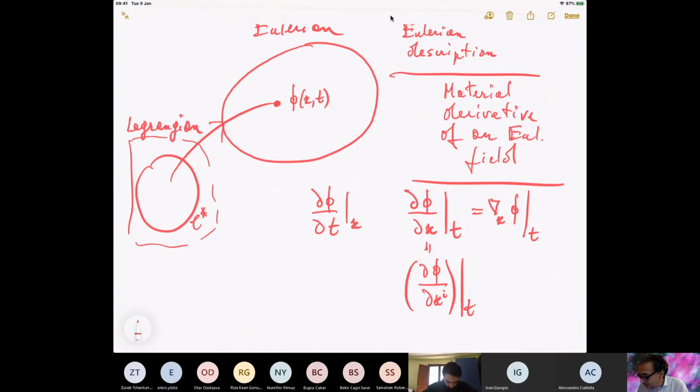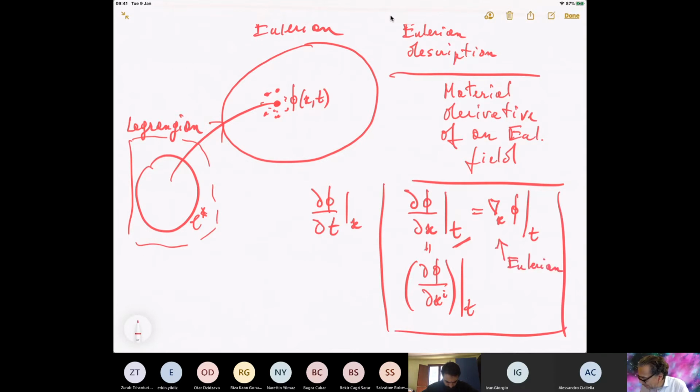So what are these partial derivatives? I have blocked a time instant t, and I see how this field is varying, changing the variable small x. In this case, I get the Eulerian gradient. Okay.